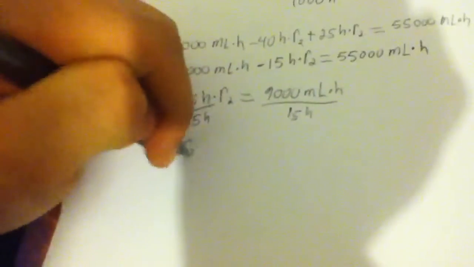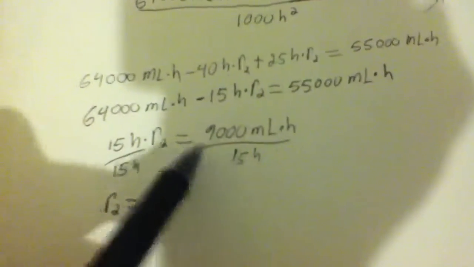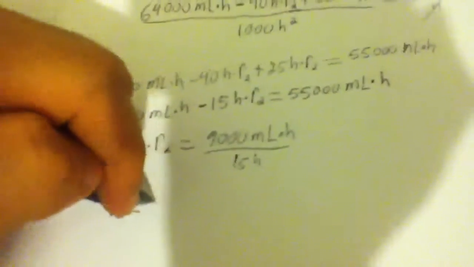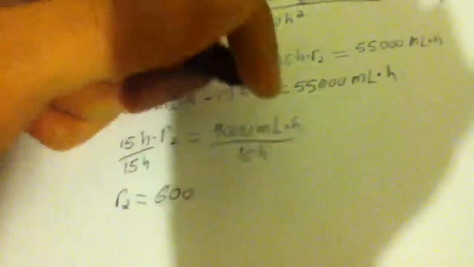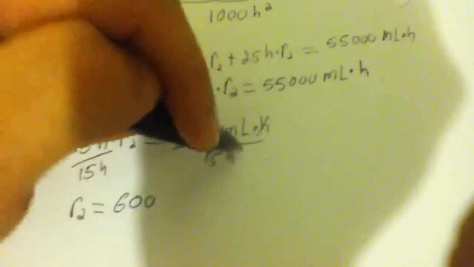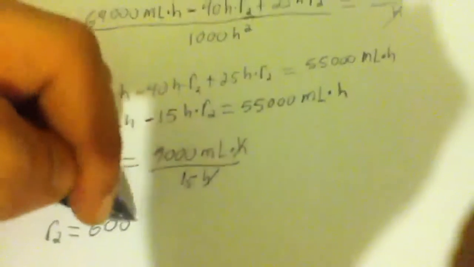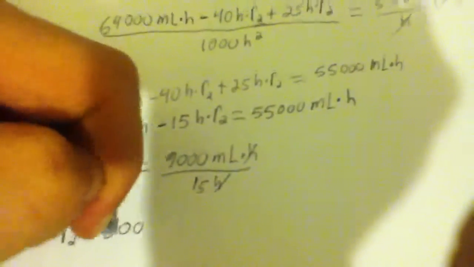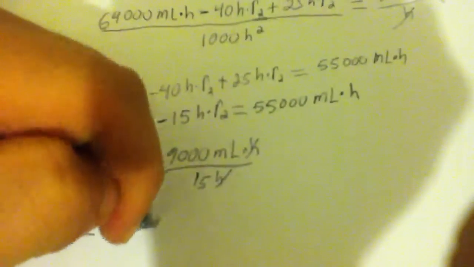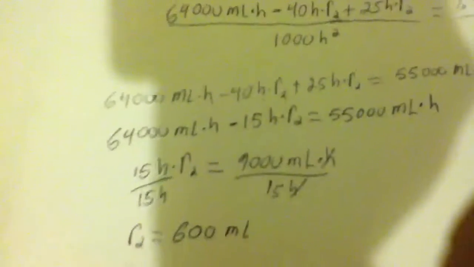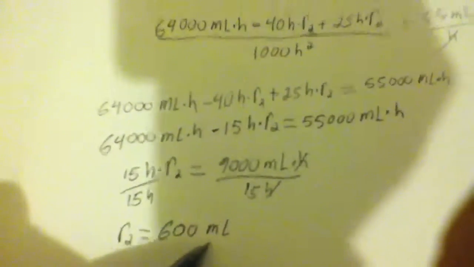Alright, so now this leaves us with R2 is equal to 9,000 divided by 15, that's 600, and these hours cancel here, so that leaves us with 600 milliliters. See, the units are very important, because now we're left with milliliters.